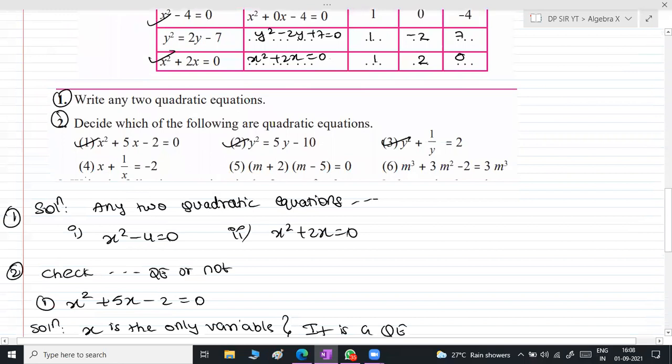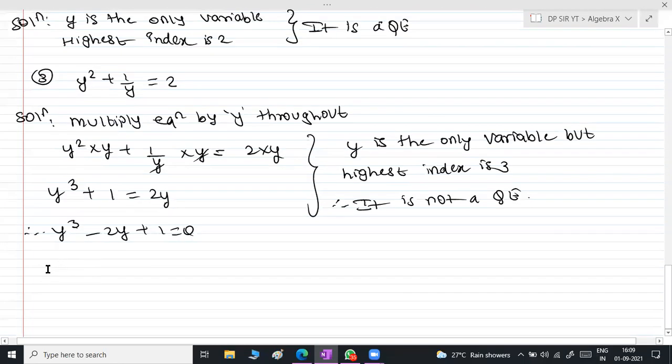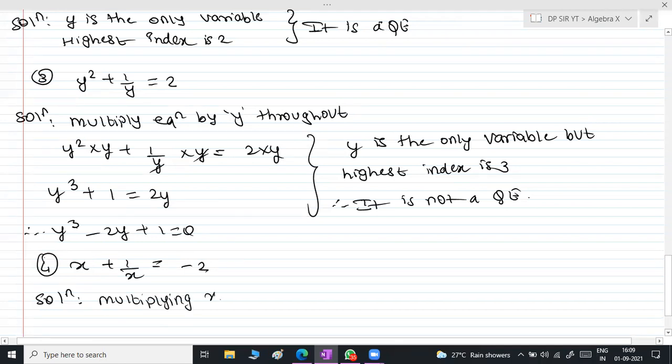That is question number 4th, 5th, and 6th. Question number 4th. What is the question number 4th here? Question number 4th is x plus 1 upon x is equal to minus 2. Therefore, solution: multiply by x throughout, multiplying x on both sides.